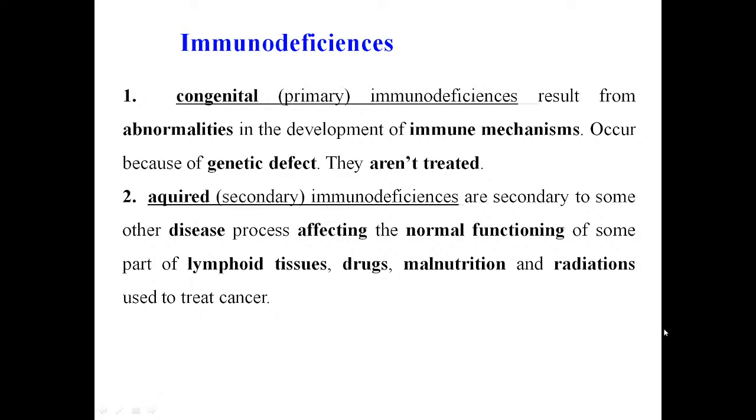We will talk about factors that cause acquired immune deficiency in this lecture too. So, congenital and acquired immune deficiency. Congenital are inherited, acquired are those that are got by the patient during their life. And these immune deficiencies may be treated with medications.